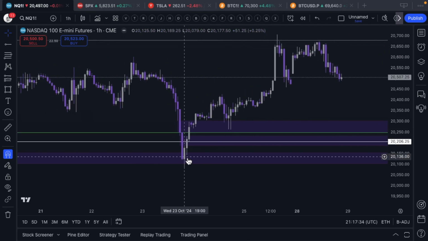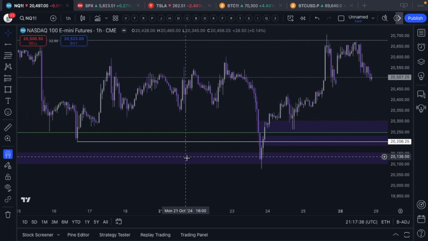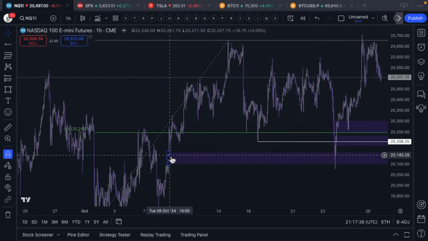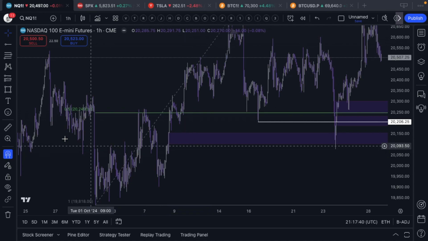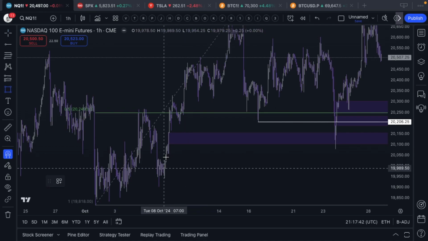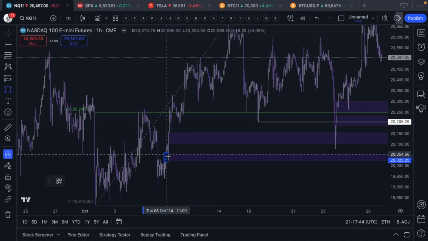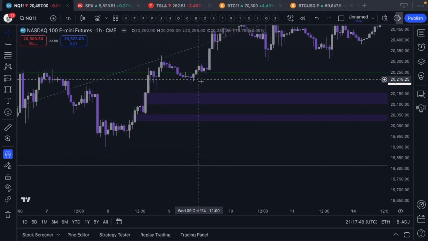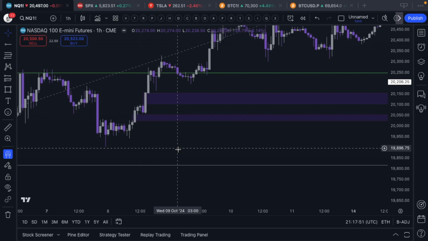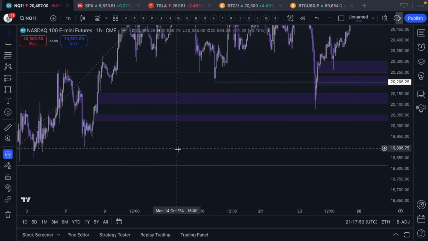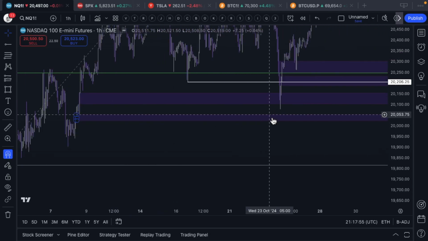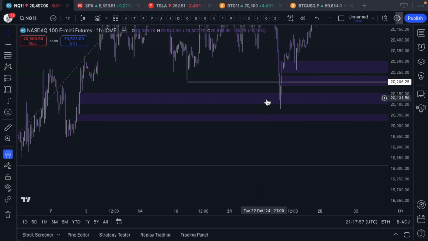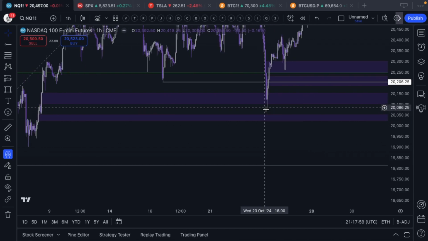All right, so if we're looking at these fair value gaps on the 1 hour time frame, we know that this is here. We have another one right here. And that's going to do it for our fair value gaps. So which one is going to hit? We know you don't know. Nobody knows. If anybody tells you they know, they don't.